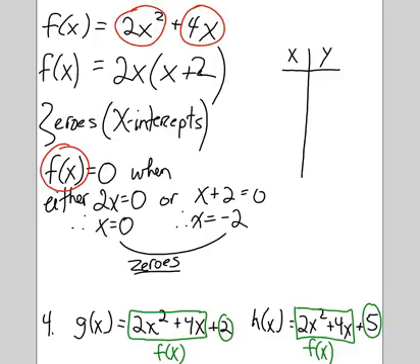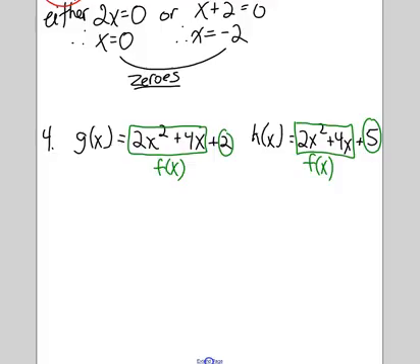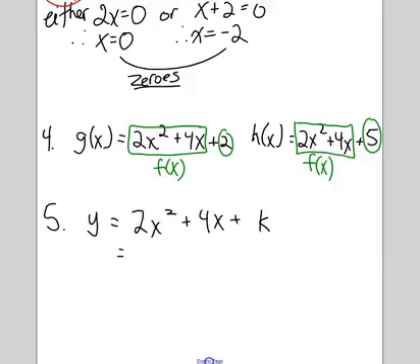So in general, we could say that if we were to go to something that resembled more y equals 2x squared plus 4x plus k, where k could be any number, as long as we've factored the first 2 terms, we know that the symmetry points here are 0 and -2.